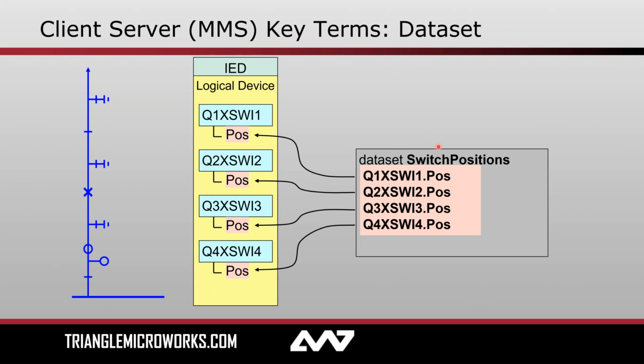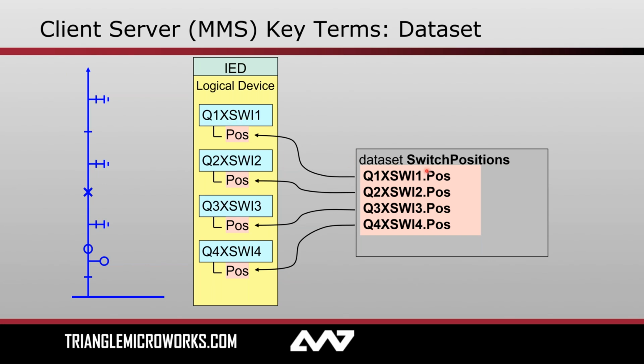So here on our left-hand side, we have just a single line representation of a single bay within a substation, and an IED that might be associated with some of these different pieces of conducting equipment. As I said before, XSWI is going to contain an interface to a piece of switchgear, in this case, an actual switch. And then within that logical node, I have a data object position.